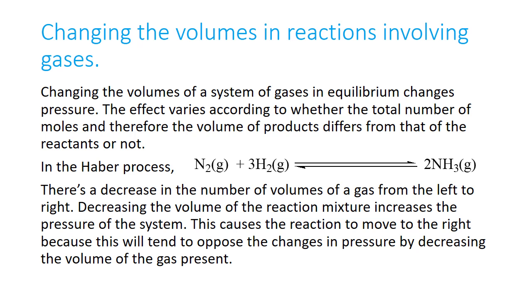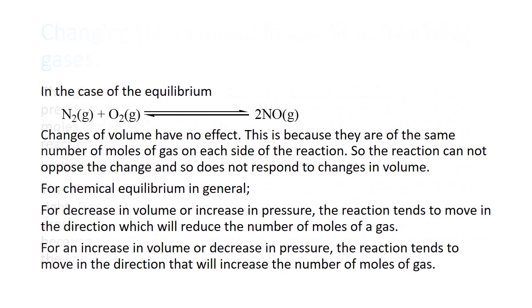However, when you increase volume, the pressure decreases, and if the pressure decreases, then we are going to be dealing with the side which leads to an increase in pressure. For example, in this case, if we are dealing with a decrease in volume, the pressure will increase, and this causes the reaction to move to the right, because this will tend to oppose the change of decreasing the volume present.